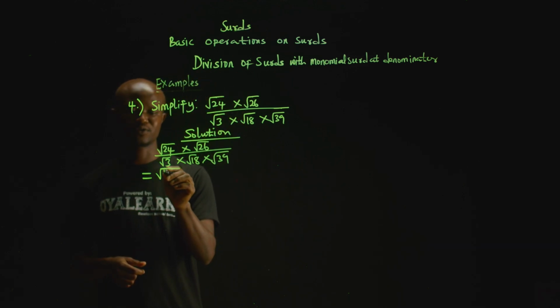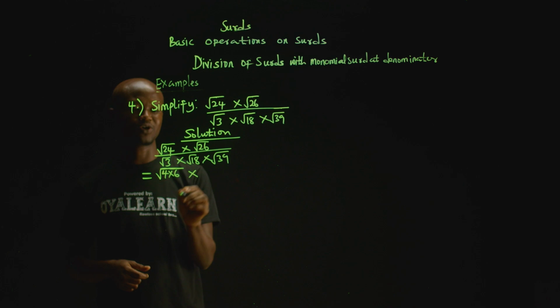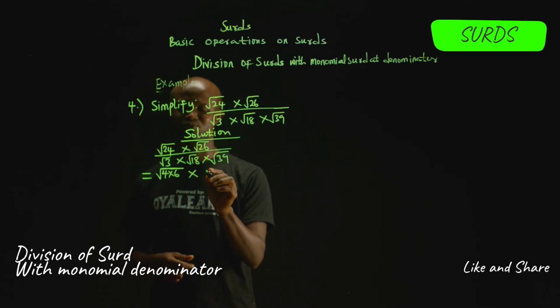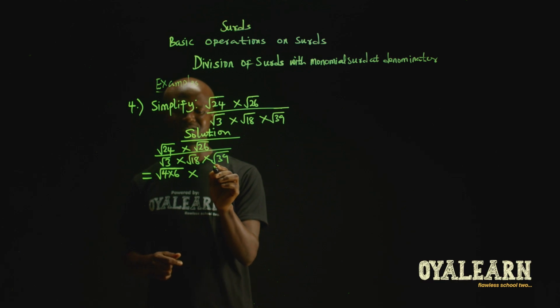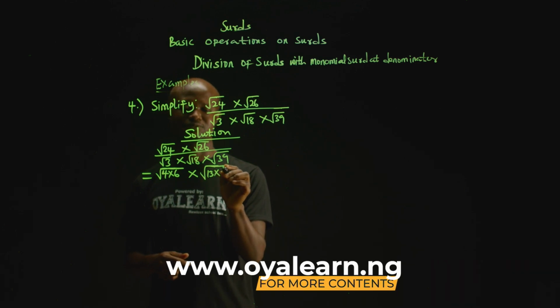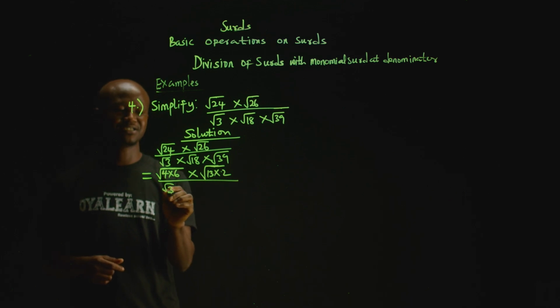So that is 4 times 6. Then times, what are we having here? This is root 26. We can split this as root 13 times 2 divided by, what are we having here? We have root 3.